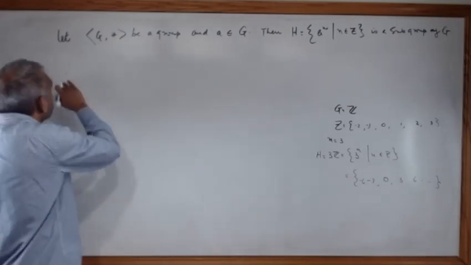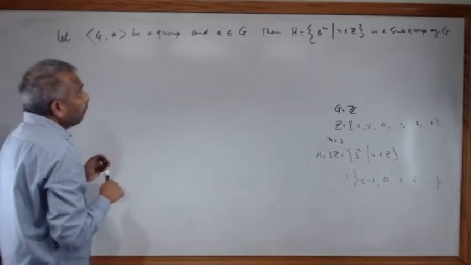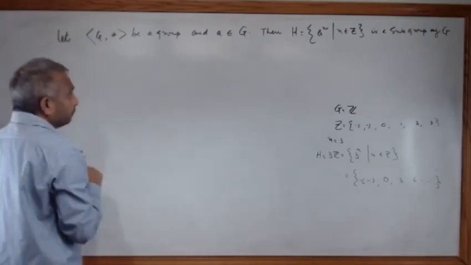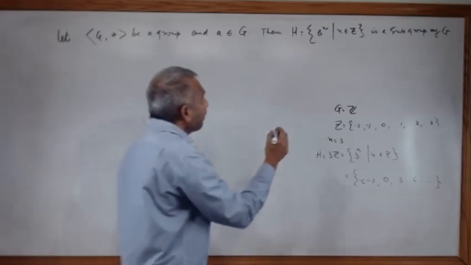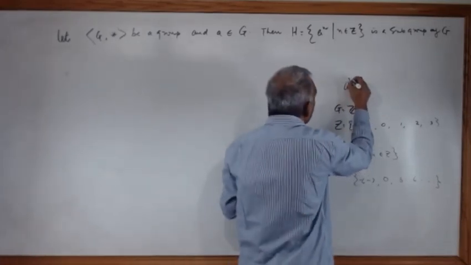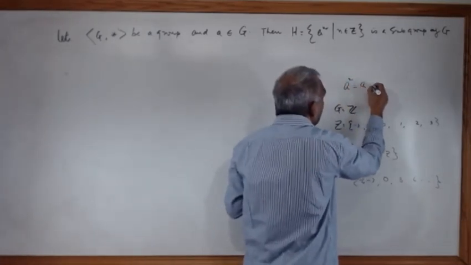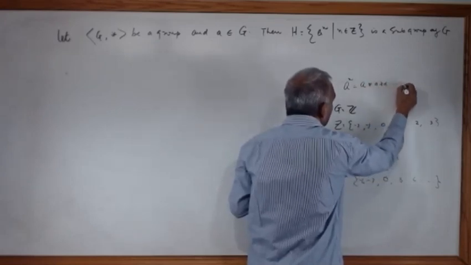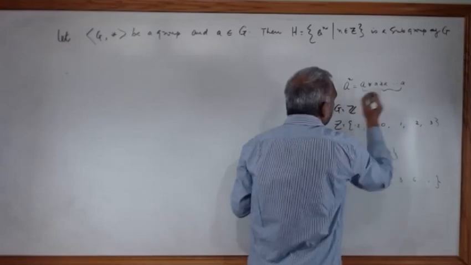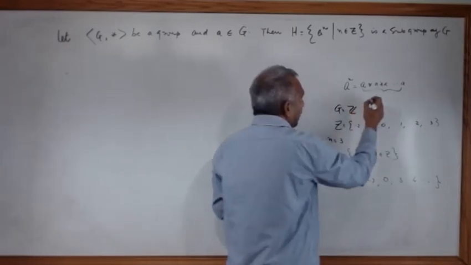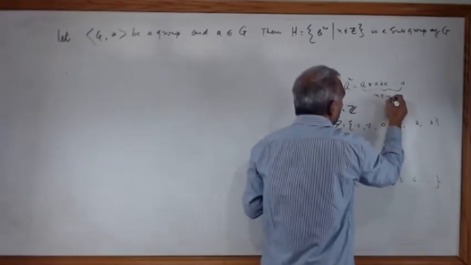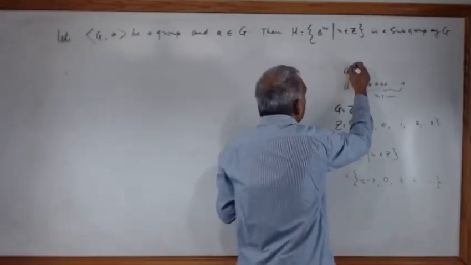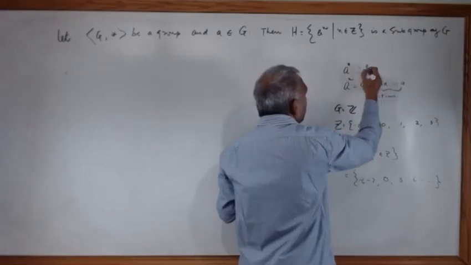So what we have to note here is that a to the power of n means a times a times a ... a times, n times. And we are going to assume that a to the power of 0 is equal to e.